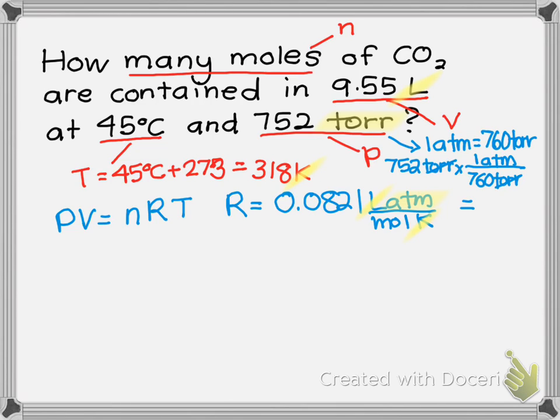And so my pressure in atmospheres, which I need to use, is 752 divided by 760, to 3 significant figures, 0.989 atmospheres. And then I'm okay, because now I have atmospheres and that matches.